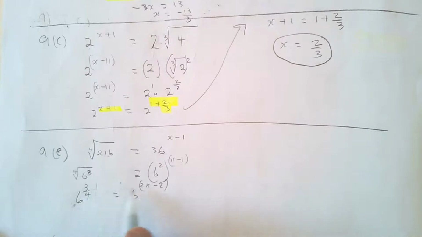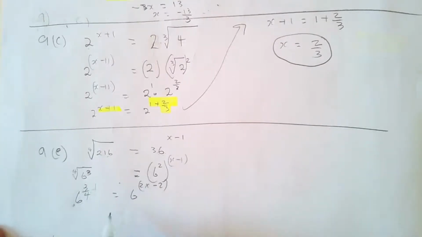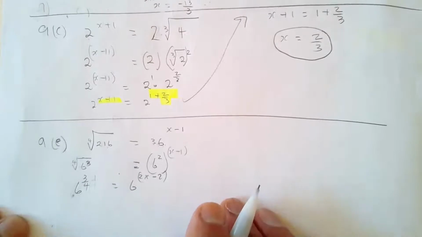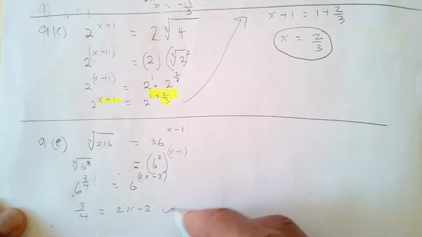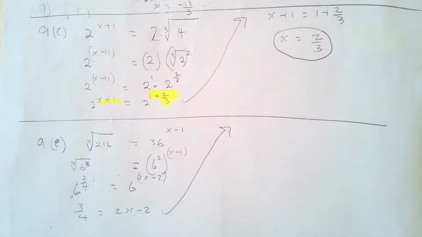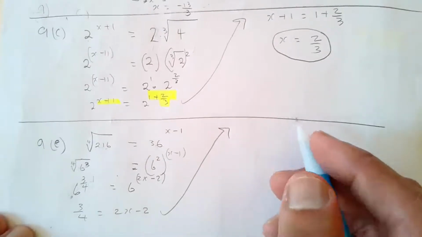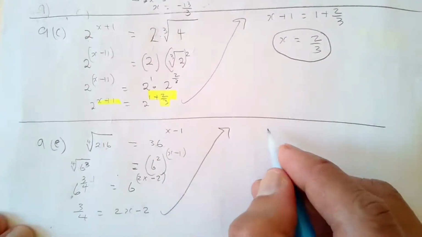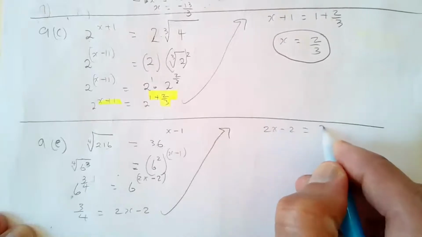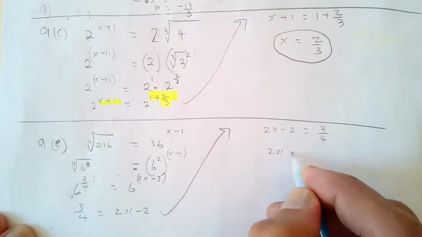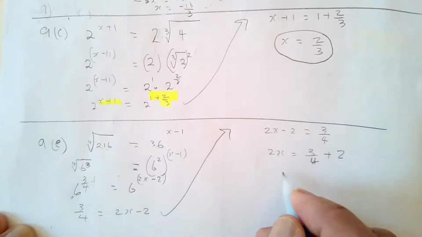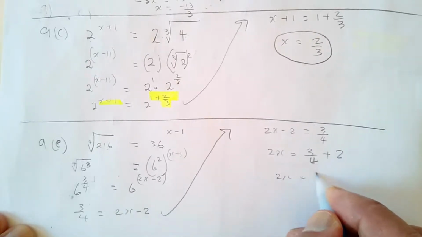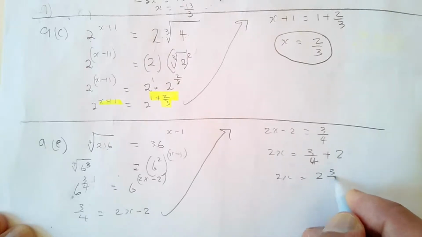Now we equate. We have 3/4 equal to 2x minus 2. So we have 2x minus 2 is equal to 3/4. We have 2x is equal to 3/4 plus 2. So 2x is equal to 2 and 3/4.